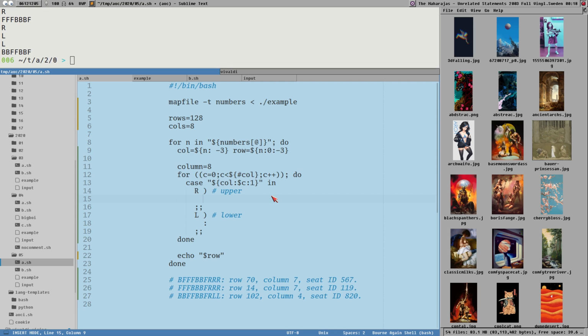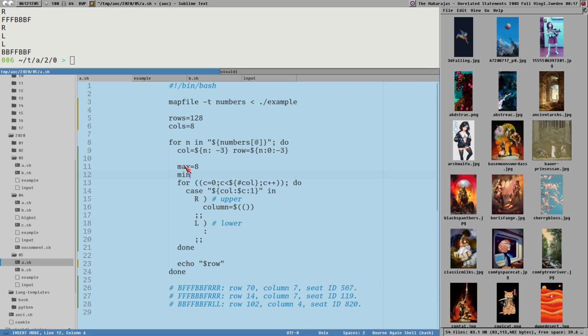And if it's in the upper half, then column is equal to... or we do a min-max thing here, right? Isn't that how you do this? Max 8, min 0.